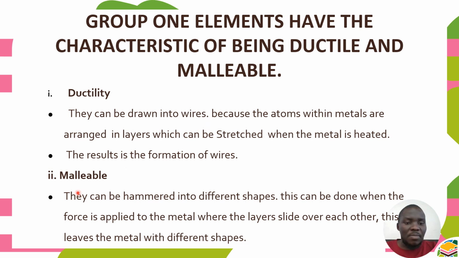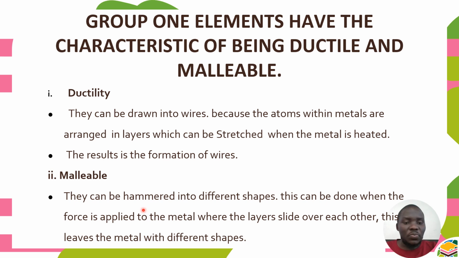Another one is malleable. Malleable means they can be hammered into any shape. For example, we can use metals to make a pot, or aircraft parts, or a lot of other things.